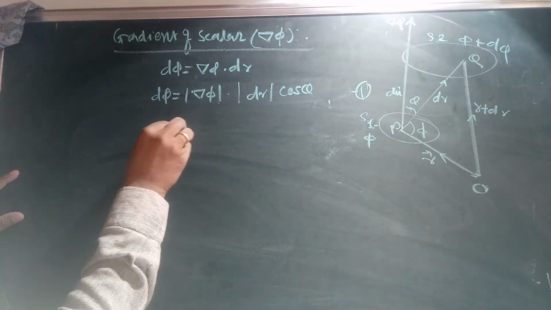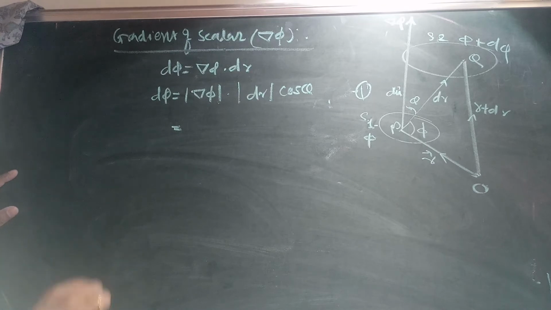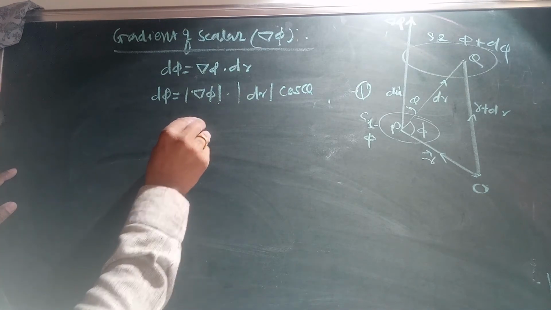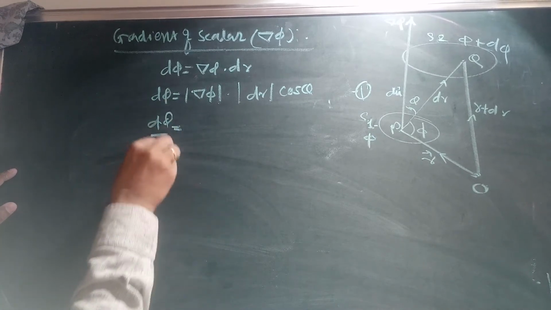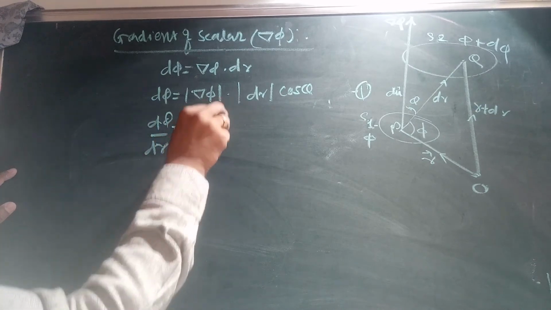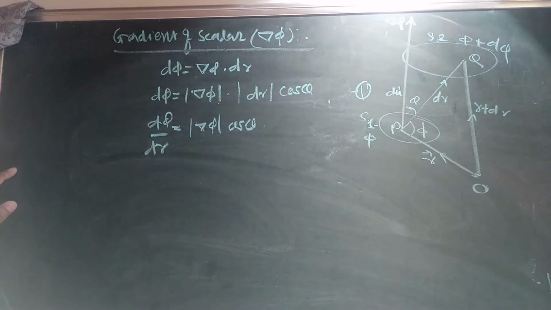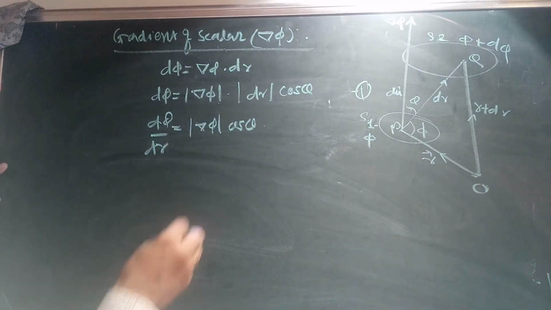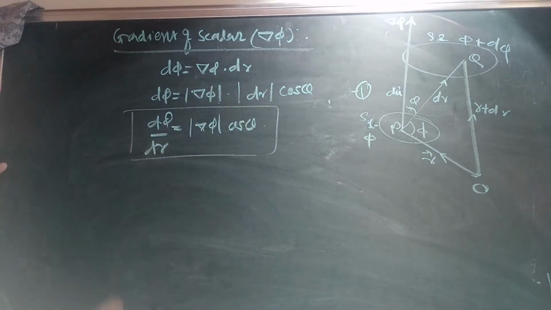So this is equal to, if we have dr into cos theta, therefore d phi by dr is equal to mod of del phi into cos theta. So dr gets cancelled. According to the value of theta, it will change.